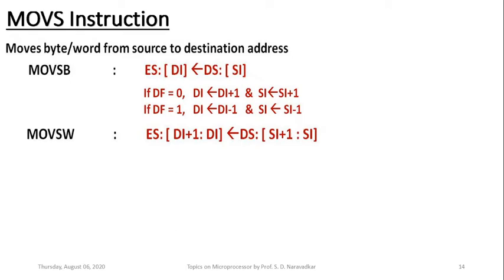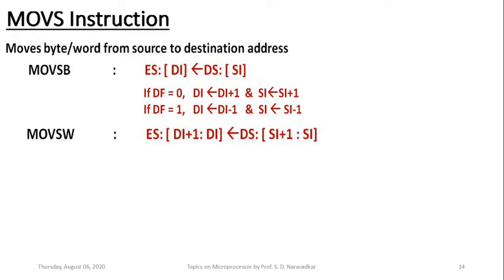From these two offset locations in the data segment, 2 bytes are read, and these 2 bytes will be copied to the extra segment, where the two destination offset locations are clearly shown inside that bracket, DI and DI plus 1.